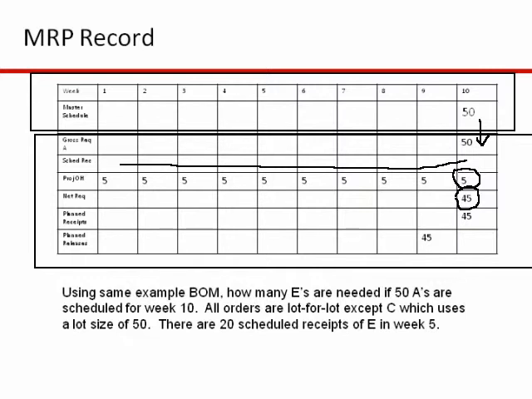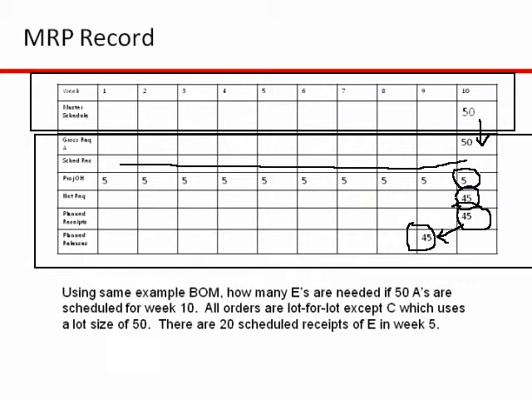So in order to meet this 45 requirement, we have to plan to receive 45 at the start of week 10. And so with a lead time then of 1 week, we have to release or start working that order at the beginning of period 9.